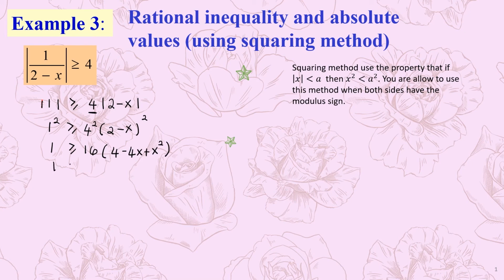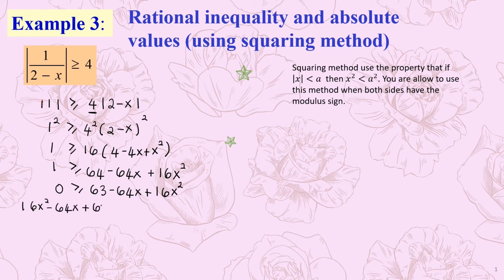And then we expand. 16 times 4 becoming 64 minus 64x. So this is basically 16x squared minus 64x plus 63. If this is greater than this function, this means lesser than 0. Remember the comparison of elephant, it's greater than ants, therefore ants is smaller than elephant.